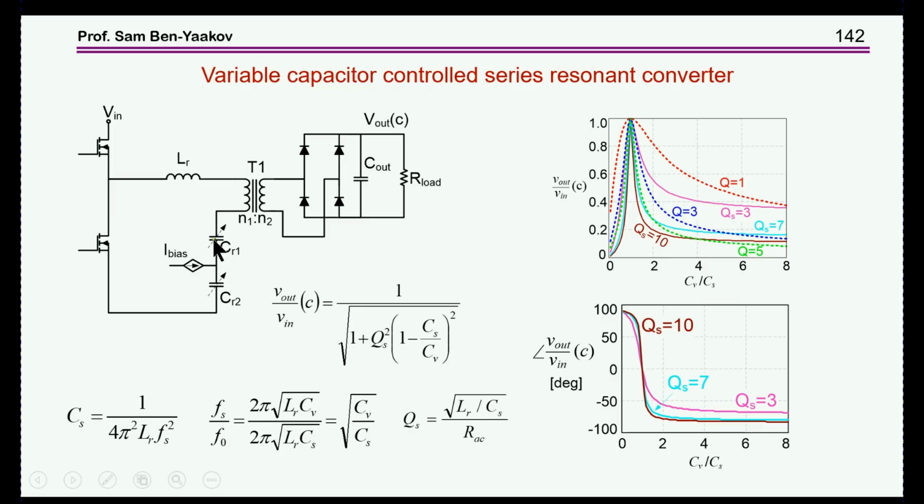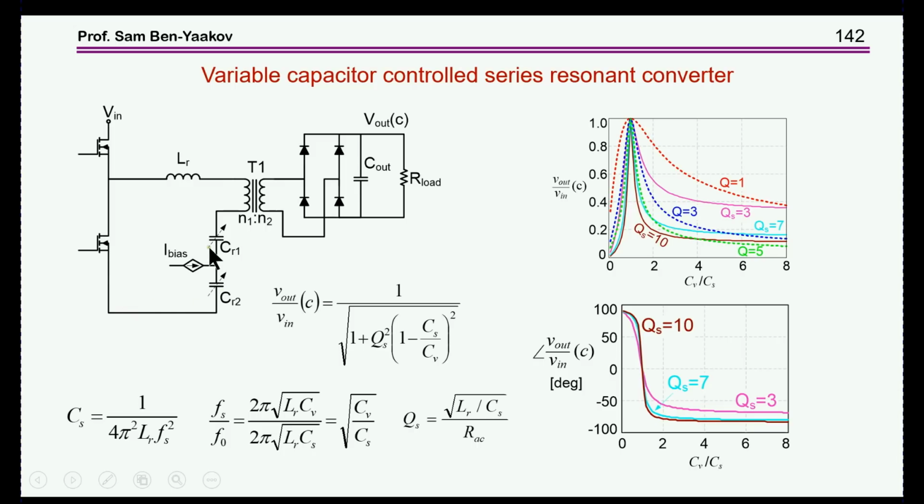Why do we need a capacitor here at this point? Because we have DC component and we don't want to impose this DC on this capacitor. So this is actually a DC blocking capacitor. So it could be a linear capacitor or it could be also a voltage dependent capacitor.